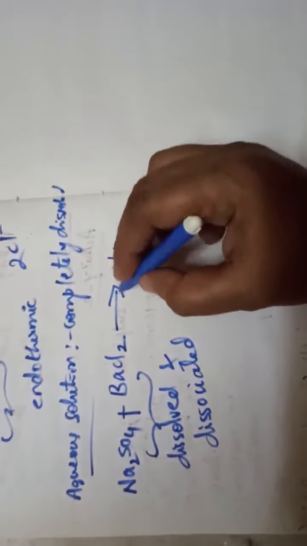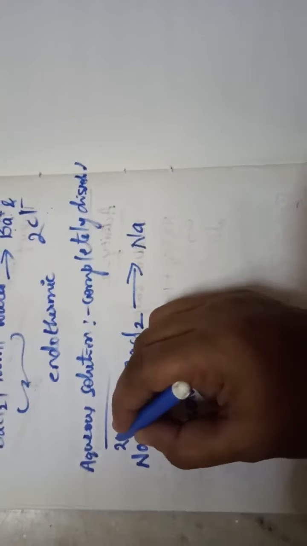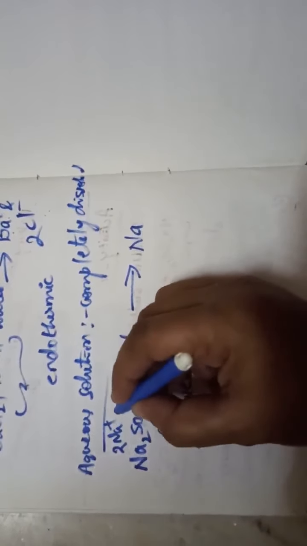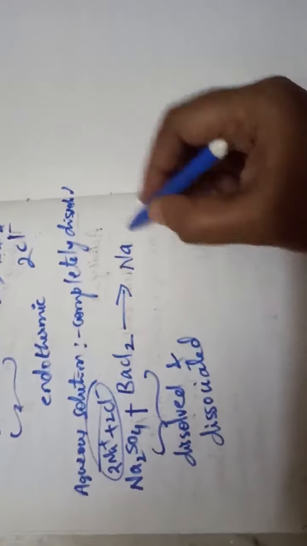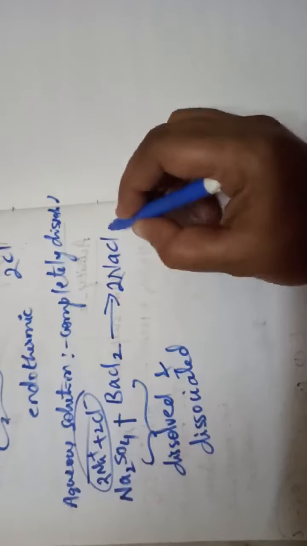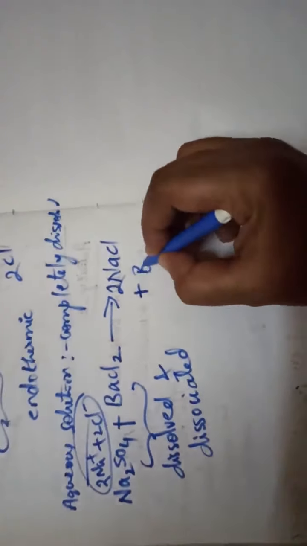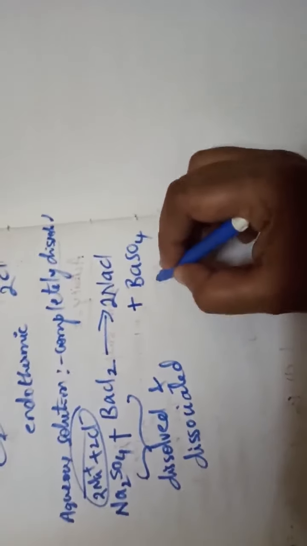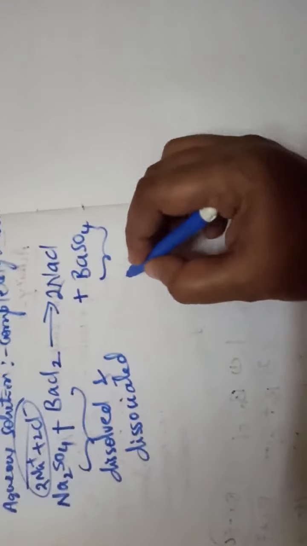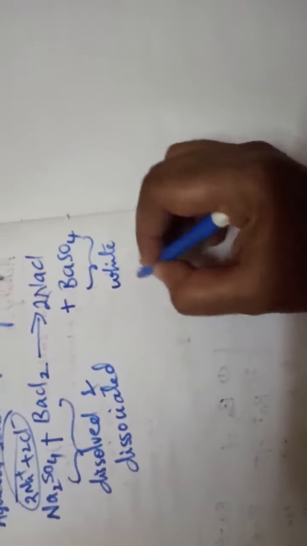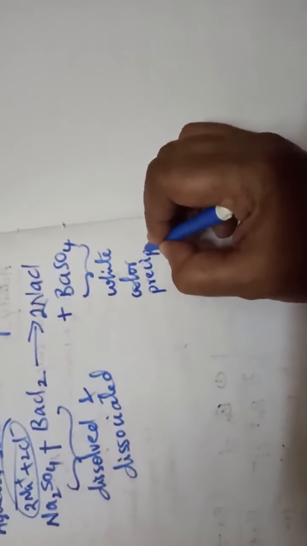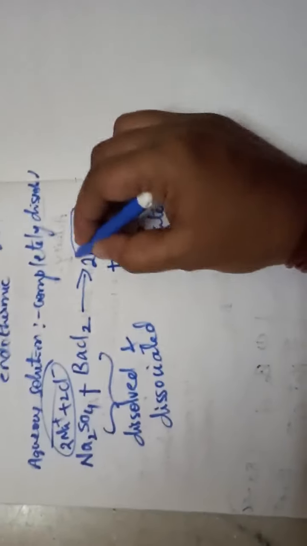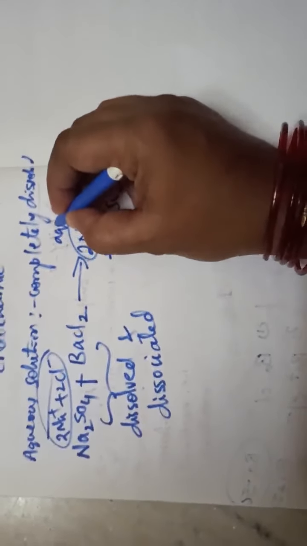So 2 Na+ ions and 2 Cl- ions will form 2 NaCl, and barium sulfate separately. This is the white color precipitate. So children, we got the precipitate here, and this is the aqueous solution we will get.